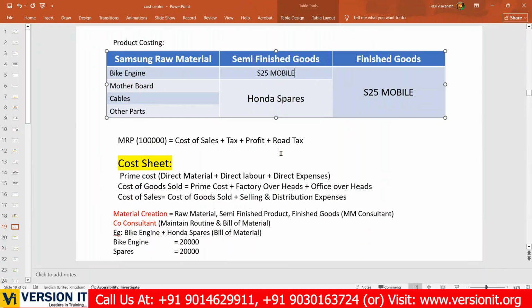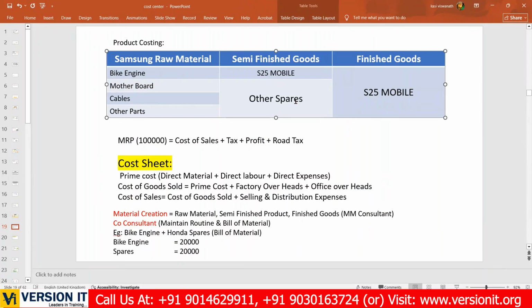Mobile safeguard, external property. Mobile screen display cover, external property. Clear? Fine. For that I mentioned other spares. Now I have an idea what all the S25 mobile and what all the other spares.